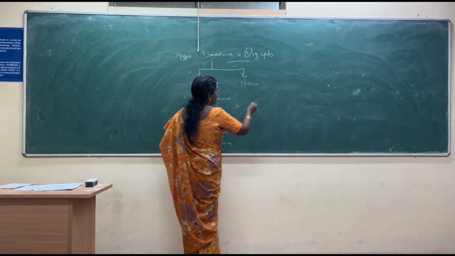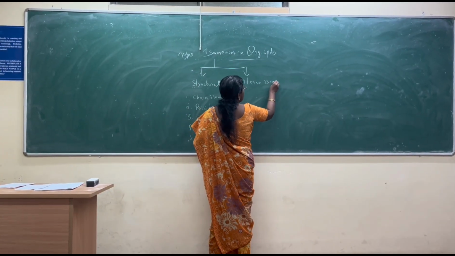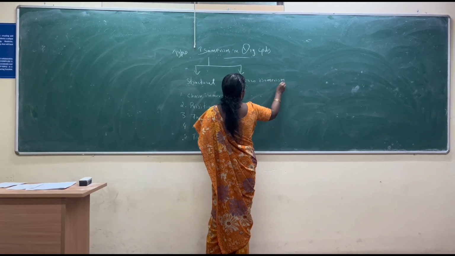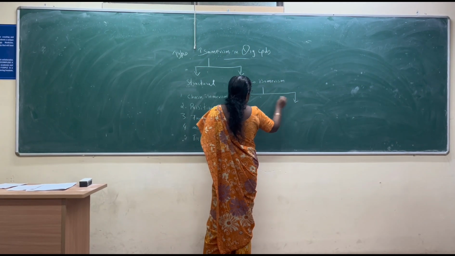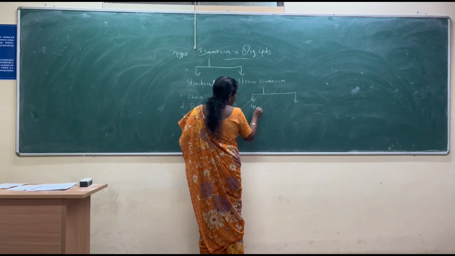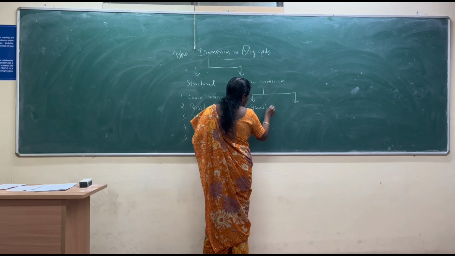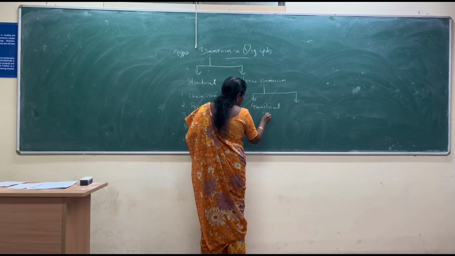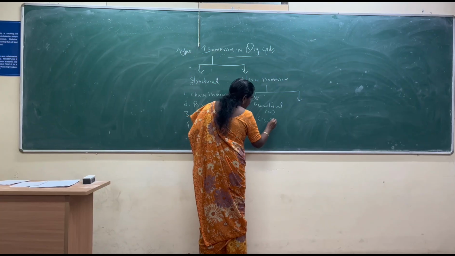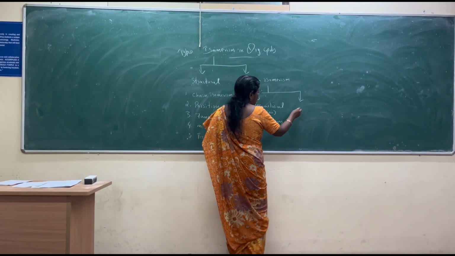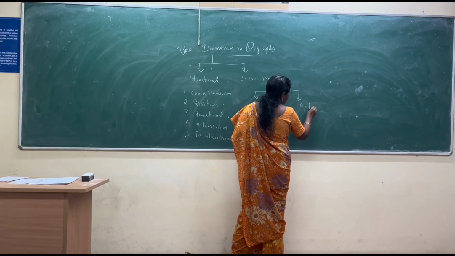Stereoisomerism has two types: geometrical isomerism, or cis-trans isomerism, and the second one, optical isomerism.